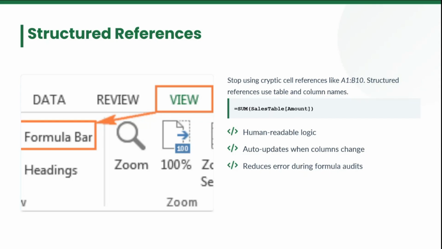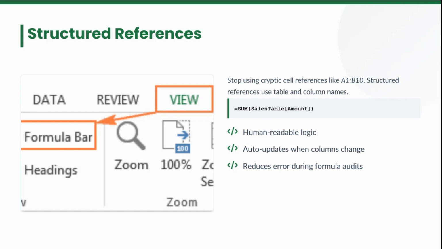So here you could use cell references like A2 to B10. However, for structured references, we use the table and column names, because whenever we enter new data, it will automatically translate everything within that column to have that certain formula, and then it will give us the answer automatically.